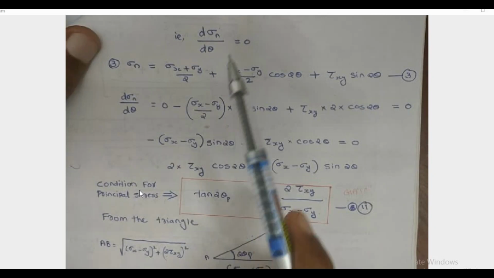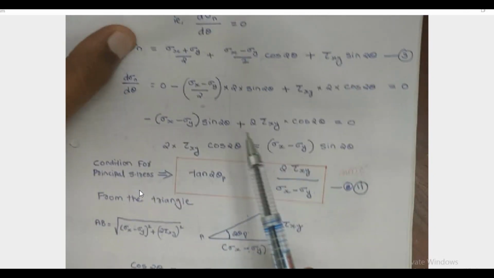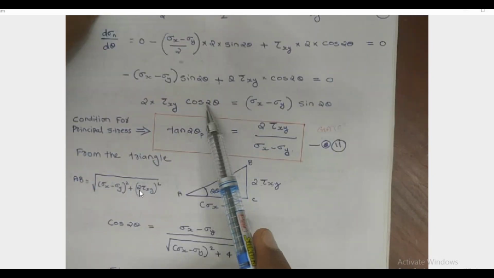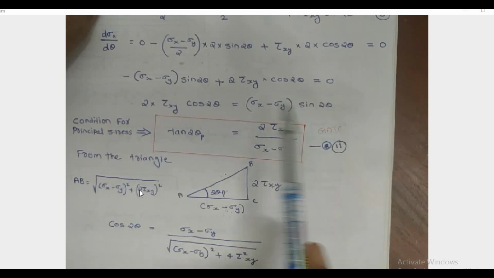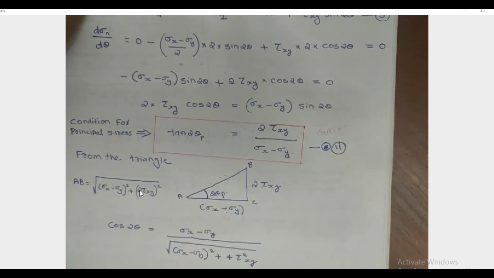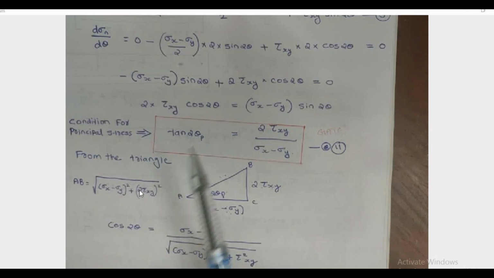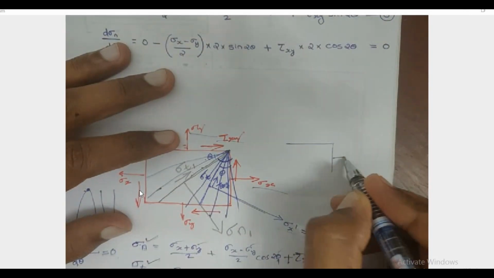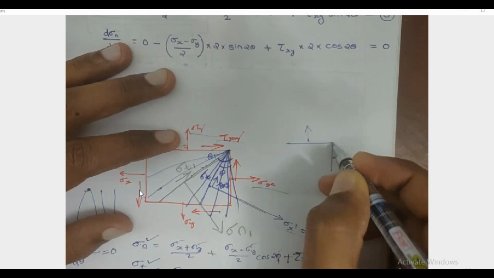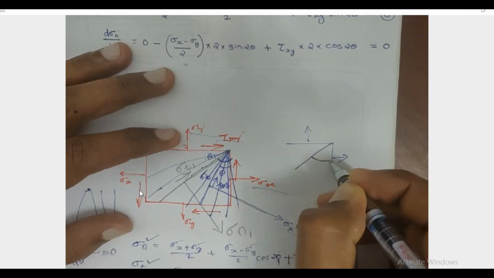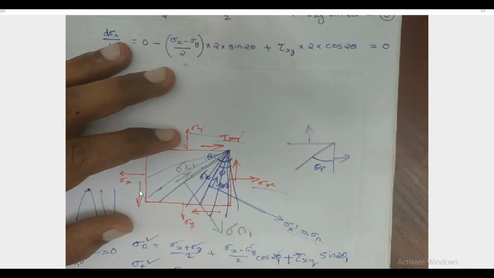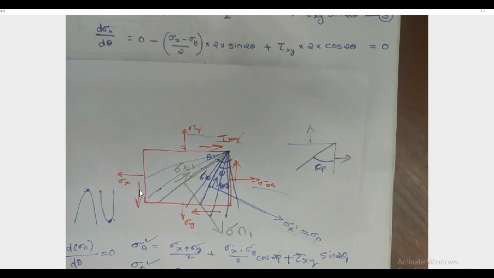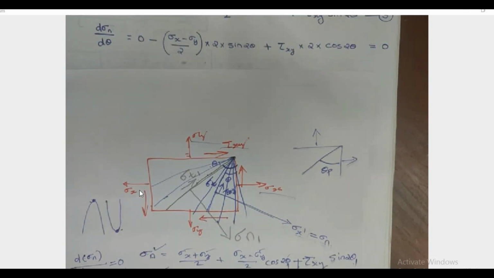So after differentiation, this theta changes to theta p. So sin 2 theta by cos 2 theta will be tan 2 theta p, representing the angle between the vertical and the principal plane, this is my principal plane and this is theta p.